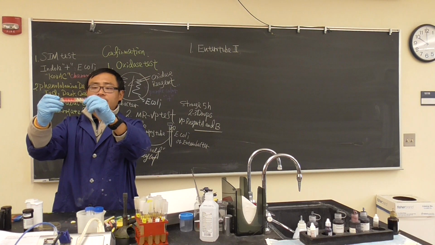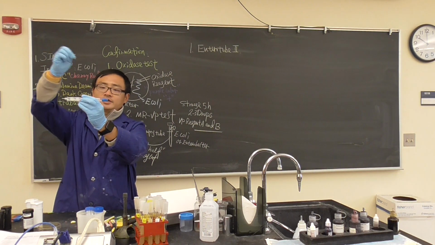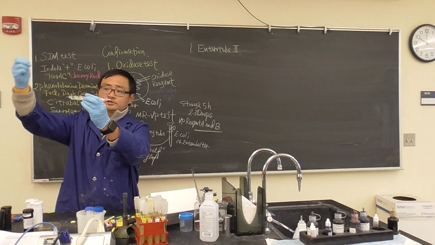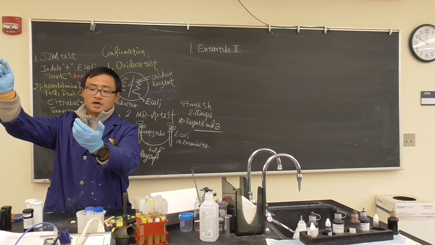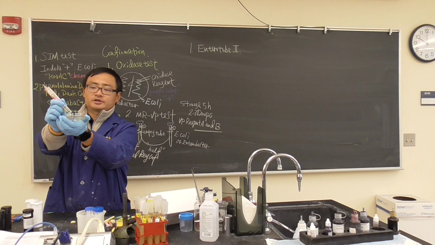So how do we do it? I will take it off from this side first. Hold on in the hand, and this side I also hold in the hand. So I will be holding like this, and I will pick from the E. coli side. I will pick some colony, just some smear.